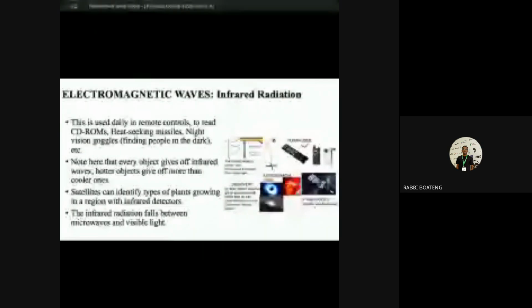My slide, Madam Patience is saying my slide is not showing. Is it for everyone or only Madam Patience? It's there, but not clear. I'm trying to use the house Wi-Fi and I don't know why it keeps disappointing me.